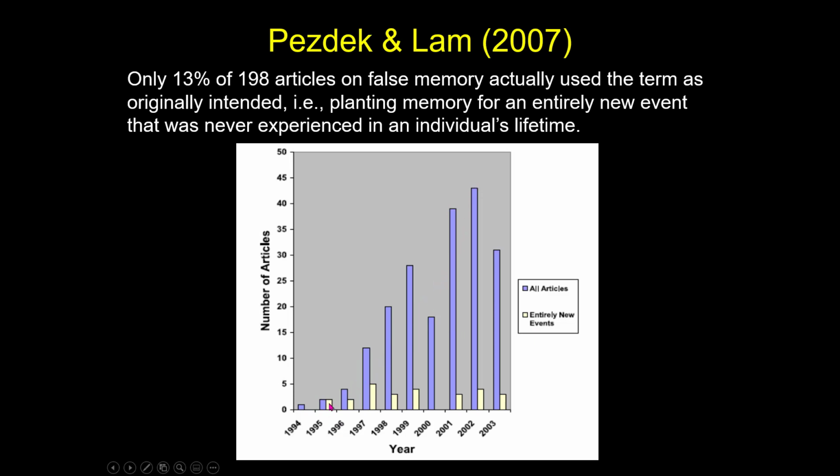What they also did is divide these studies up into the DRM studies and studies that had looked at false memory for entirely new events. And what this article tells us is that the explosion in false memory research is largely done using the DRM paradigm. And so most of what we know about false memory has come from studies using those word lists.